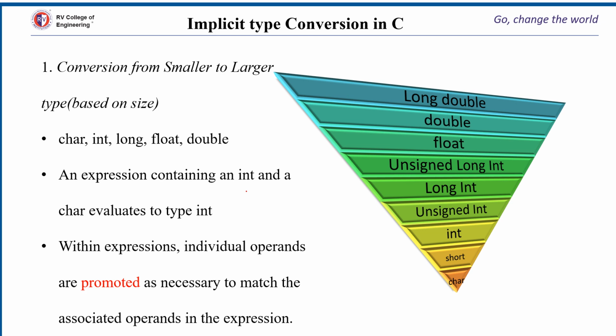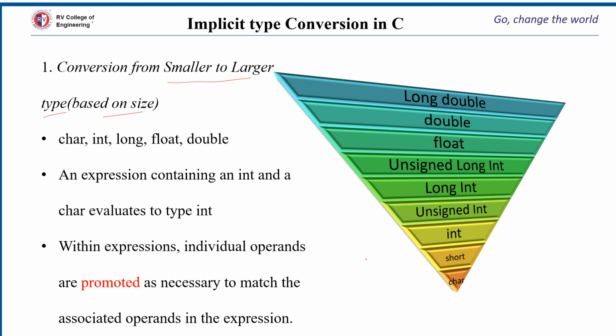Implicit type conversion, as I discussed before, is taken care of by your compiler. So here the conversion is from smaller to larger type, based upon the size of a particular data type. As we have discussed in our previous videos, the various data types supported by C all have a certain amount of storage in bytes.